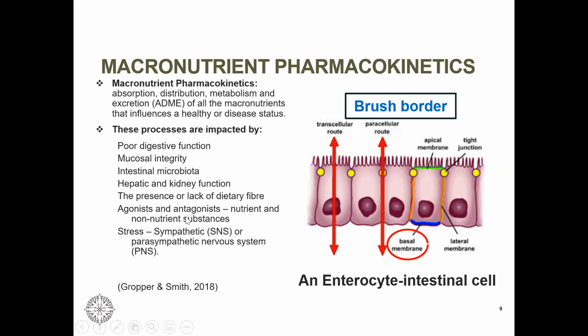Then agonist and antagonist, how does that impact any nutrient absorption? Any example? Or maybe an example for dietary fiber? If I'm consuming too much fiber, what happens to micronutrients such as iron or calcium?